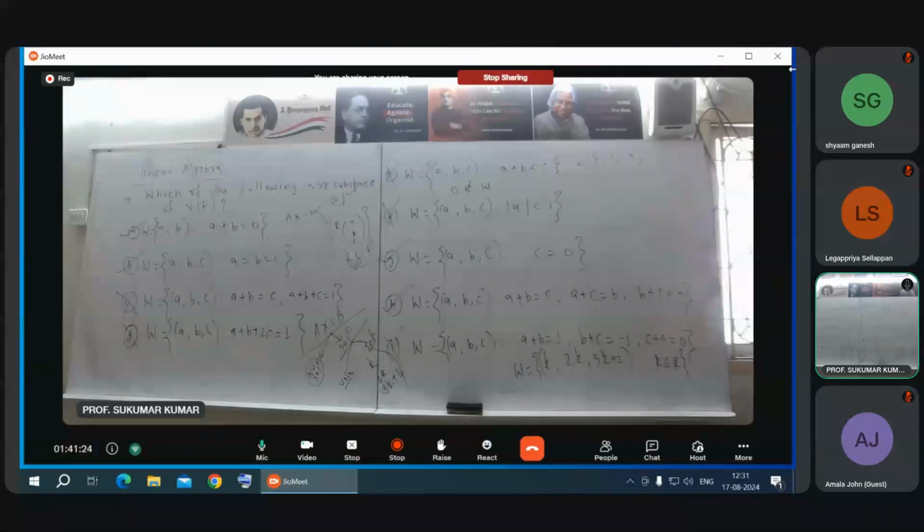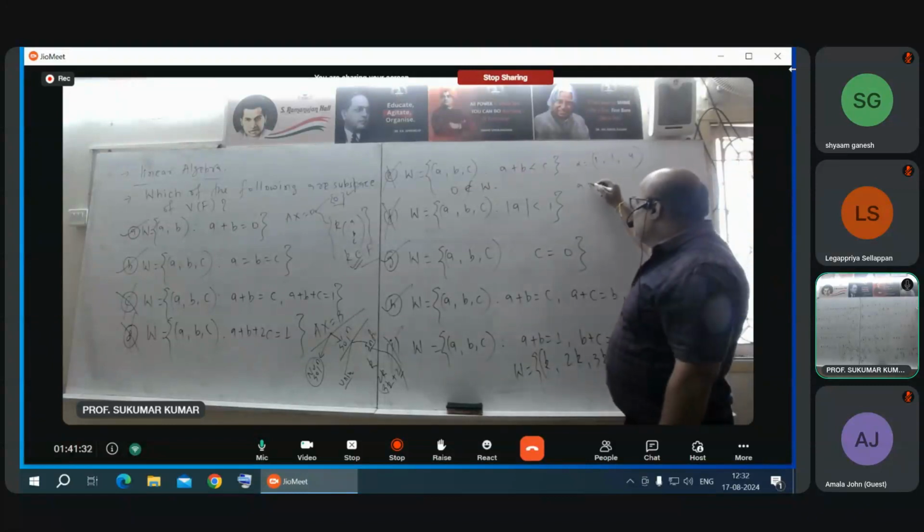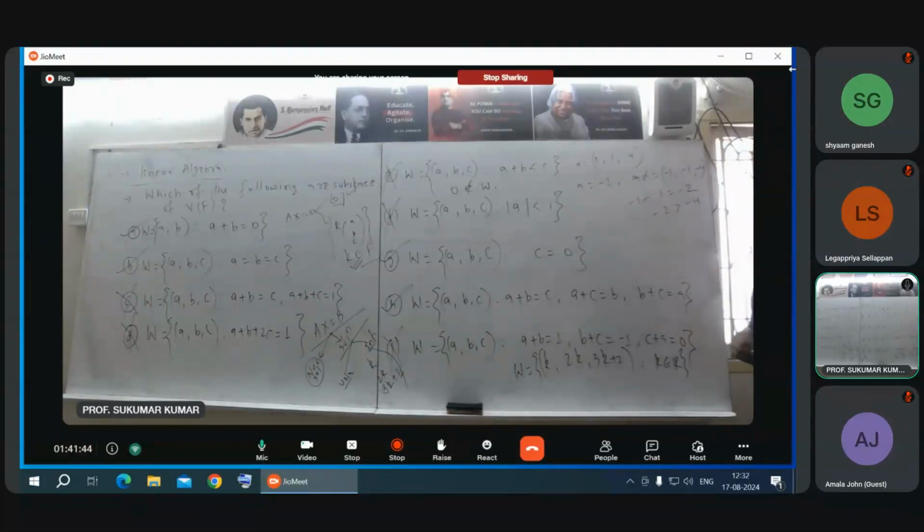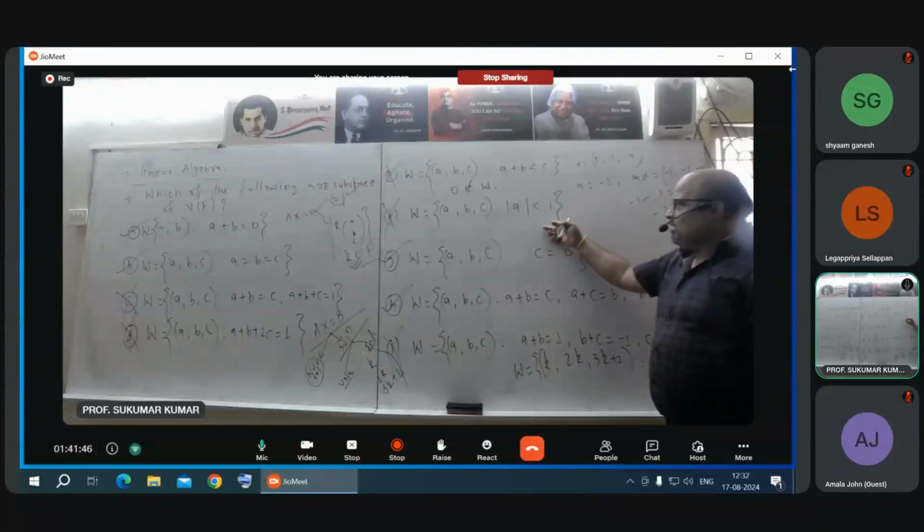Take minus 1 itself. Then alpha times the vector will be minus 1, minus 1, minus 4. After adding the first two we get minus 2, and minus 2 is greater than minus 4.